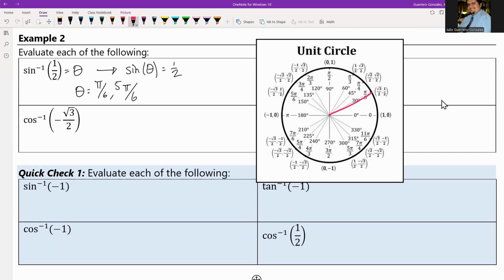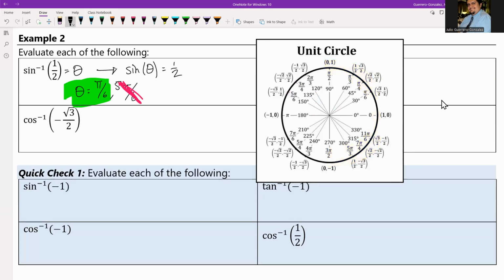Pi over 6 is here. 5 pi over 6 is right here. But the answers for these have to exist in this little strip right here. So that means this one is a nope. My answer has got to be pi over 6. This is my only answer. Got it? Okay, let's try it again.